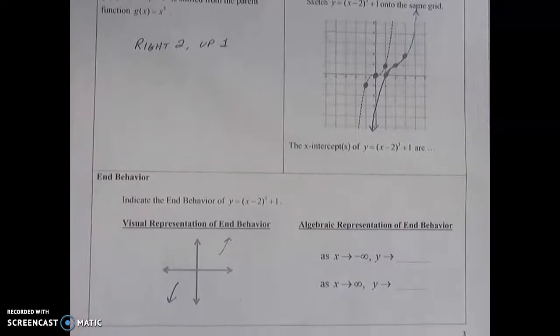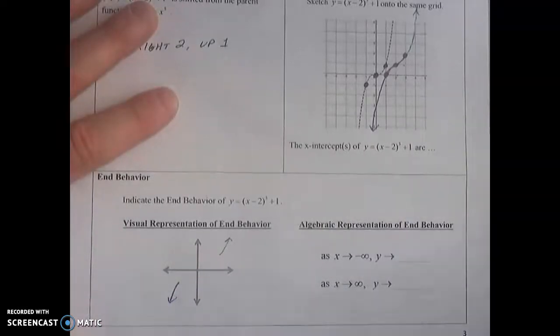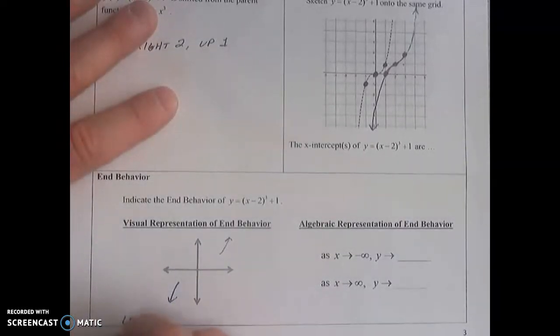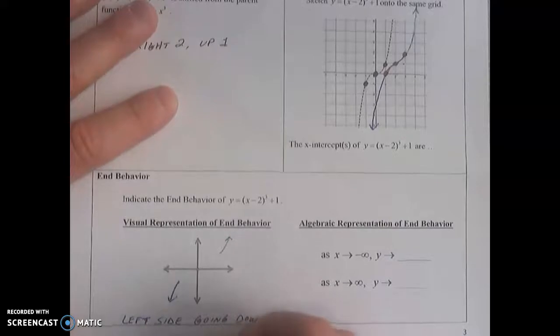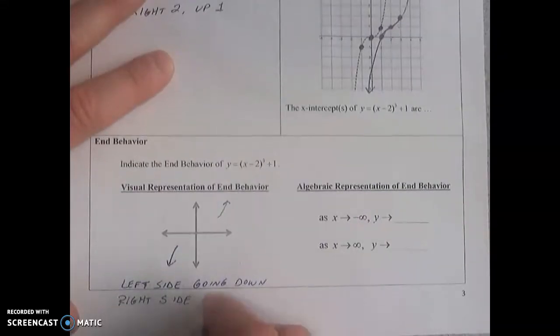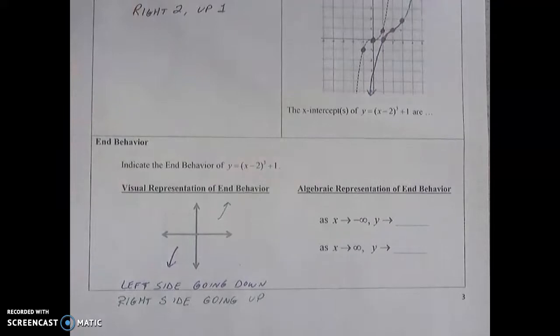So verbally, we could say that the left side is going down. And we could say that the right side is going up. Matching up the colors with what we mean by left side and right side of the graph.